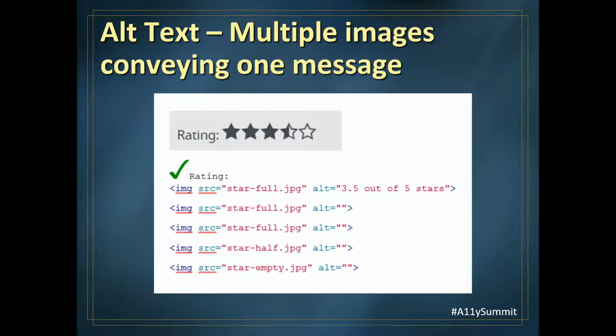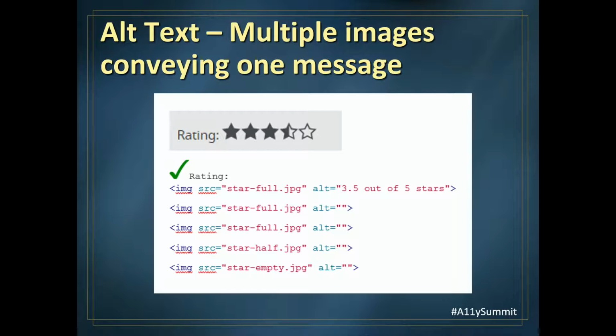This example is probably more something that a programmer would have to deal with, and we've all seen them. We've got ratings, reviews. We all look at reviews and ratings when we're trying to figure out how to buy something. In this case, we have a rating scale of 3.5 out of 5 stars.